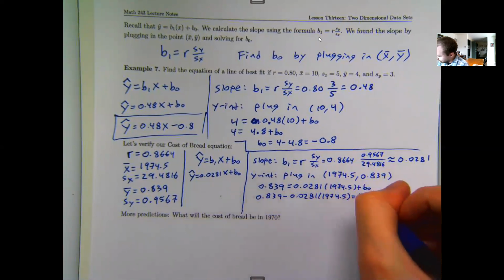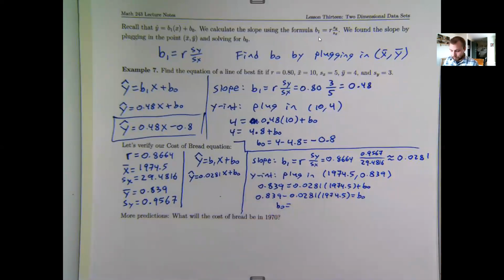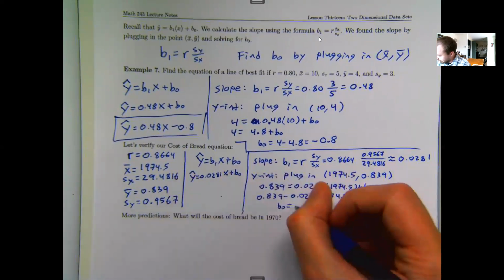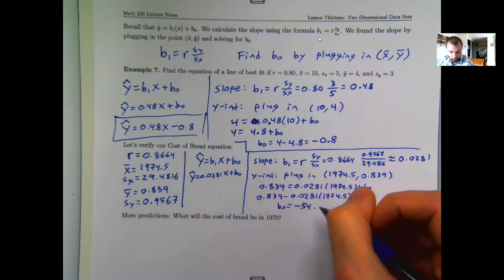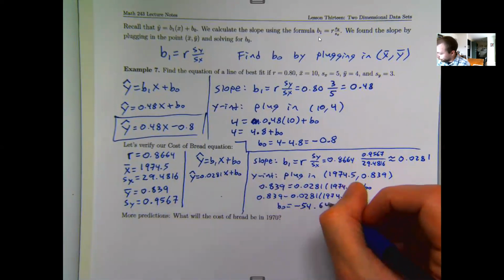And that's going to give me my y-intercept. So let's type that into a calculator and see what we get. And when I do this, I get negative 54 point approximately 64 or so.